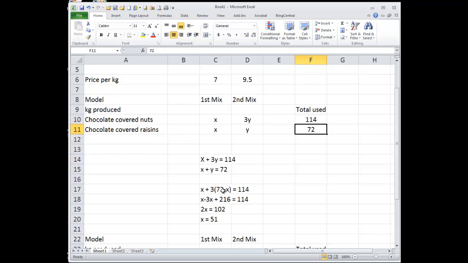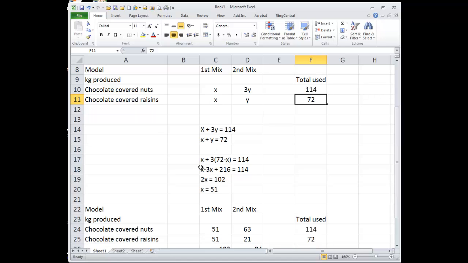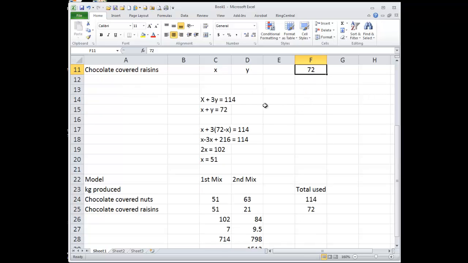So, if you take the 3 equations, which would include, if you were graphing, X greater than or equal to 0 and Y greater than or equal to 0, I just solved it quickly by hand, by substitution. So X plus 3Y equals 114, and X plus Y equals 72.